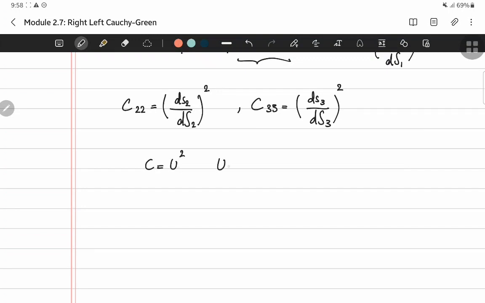But here, U11 is not equal to the root of C11, or U22 is not equal to the root of C22, or U33 is not equal to the root of C33, except if C is a diagonal tensor, so the rest are 0.